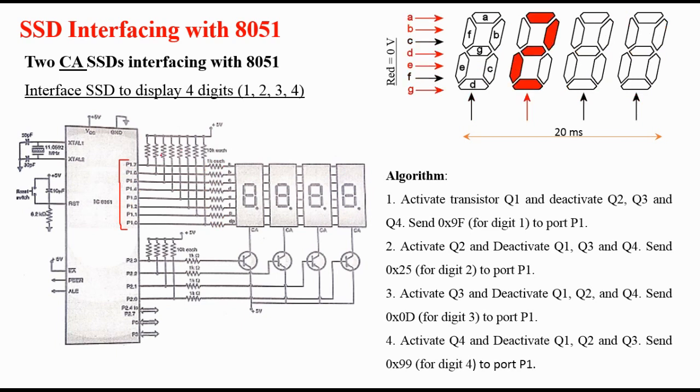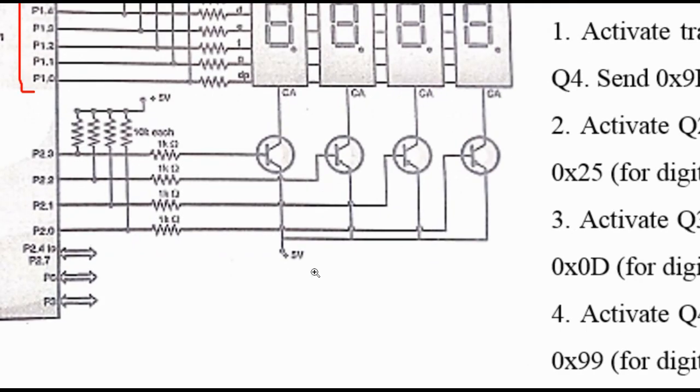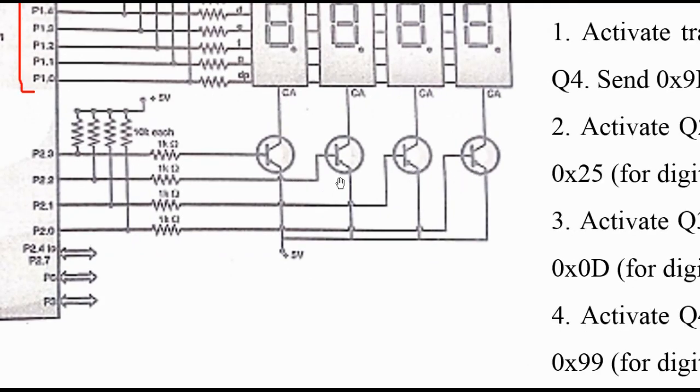This pull-up resistor you can draw if you want, otherwise it is not necessary to draw. After this, the common anode terminal should get interfaced via the transistor. Here you can see the PNP transistor is used.